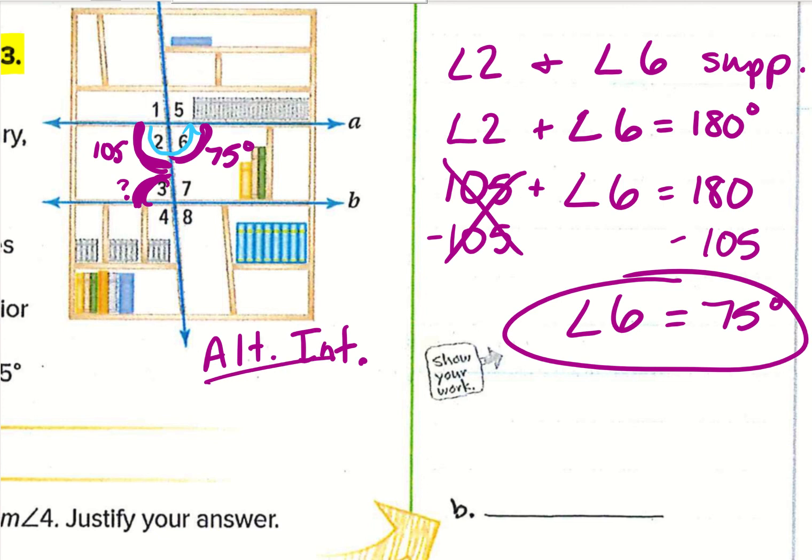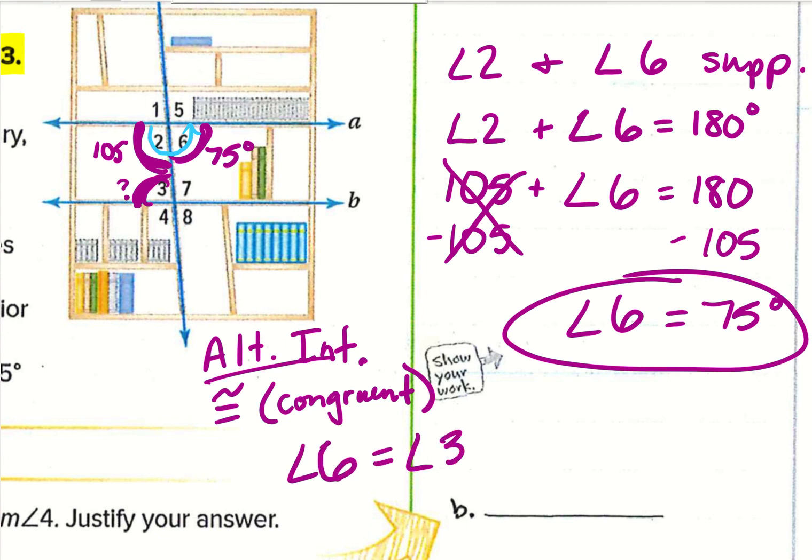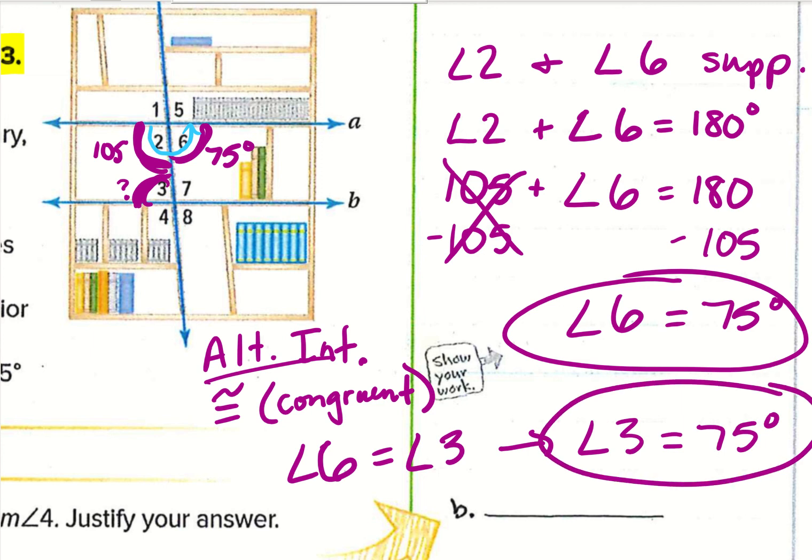That means they are congruent. That's what that symbol means. Because of that, angle 6 is equal to angle 3, which means angle 3 also equals 75 degrees.